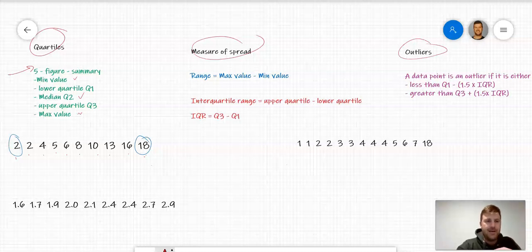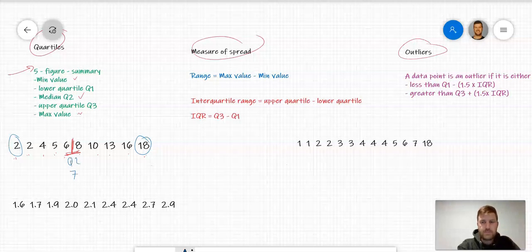So my median lies in between the 5th and 6th value. It's halfway between the 5th and 6th value, so it's the average of those 2 values. So 6 and 8. 6 plus 8 is 14. 14 divided by 2 is 7. So my median, or my Q2 value, is 7.